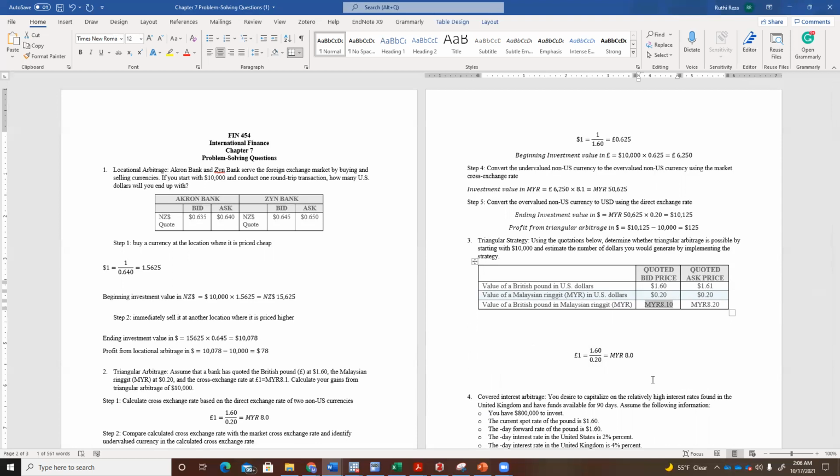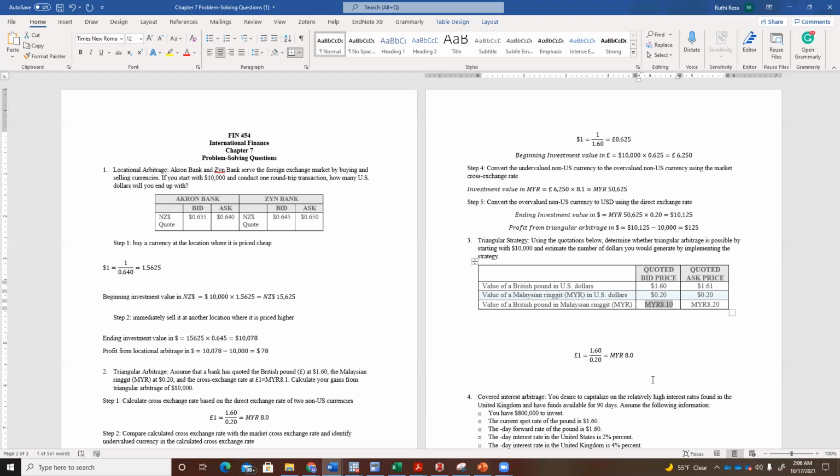So again, because our calculated cross exchange rate is different from the market cross exchange rate, therefore we have some arbitrage opportunity. Now, this is just in a scenario where bid price is equivalent to ask price.